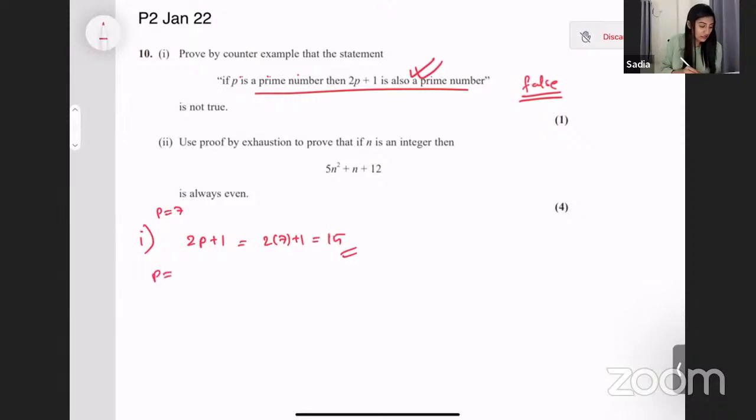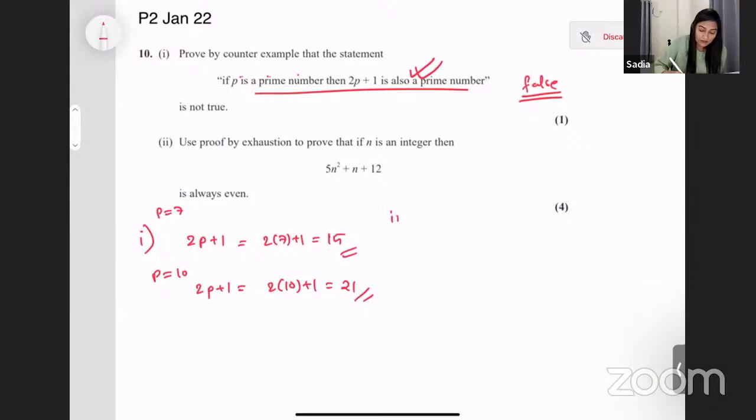If you select P equals to 10, it's 2 into 10 plus 1. This is also not a prime number. So you just need to include any one example that actually disproves the entire statement.